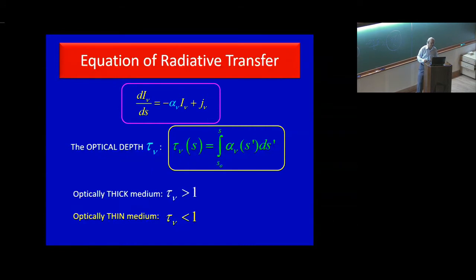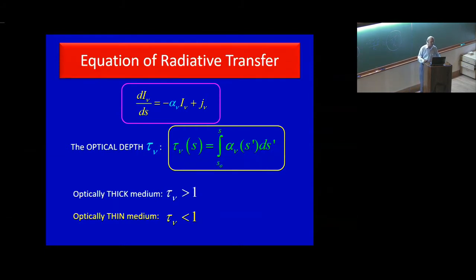Therefore, the change in the specific intensity in a length ds is equal to the amount that is absorbed in that length ds plus the amount that is added in that length ds. The first is minus alpha nu I nu, and the second is J nu. The second term does not involve the specific intensity because J nu is defined as the spontaneous emission coefficient. It is independent of the emission that is coming from somewhere else.